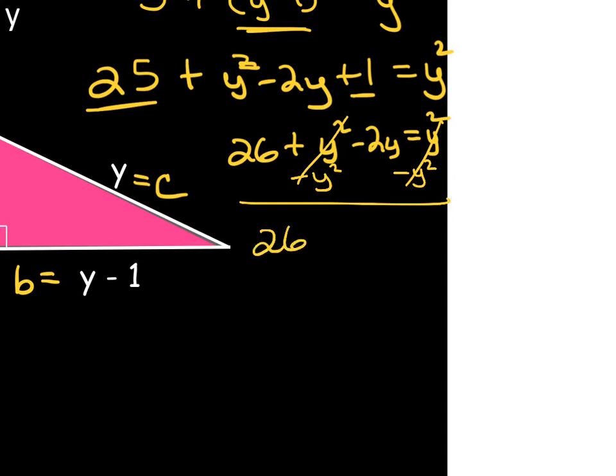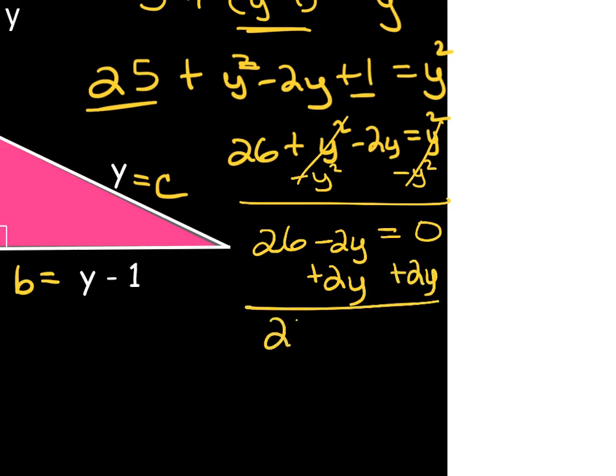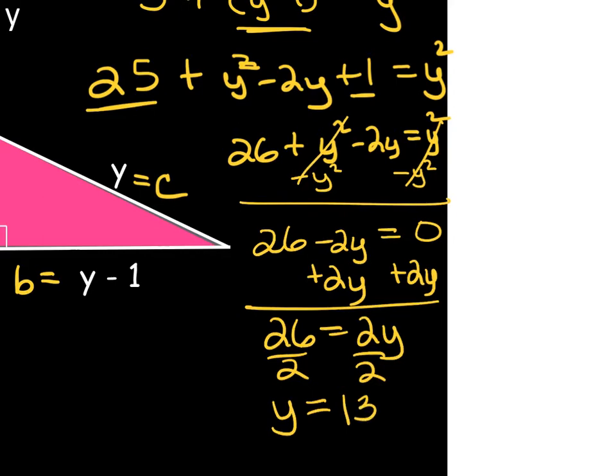So 26 minus 2y equals 0. Going to move the 2y to the other side. 26 equals 2y. Divide by 2. And y equals 13.